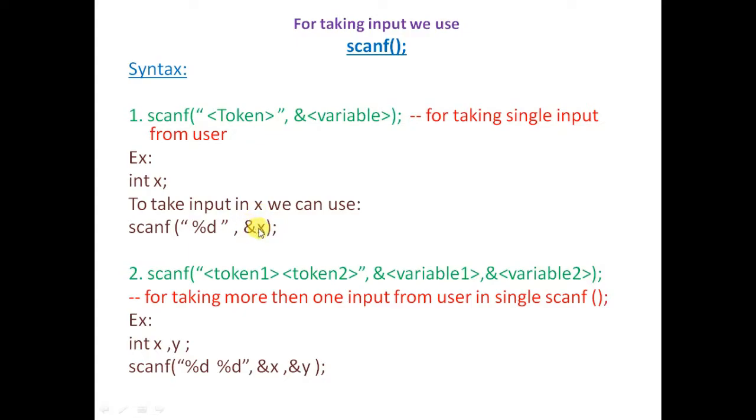When you use it, it returns the address of that variable. So the value you pass with %d will be stored at that address. Similarly, you can take multiple inputs in a single line with a single scanf statement.